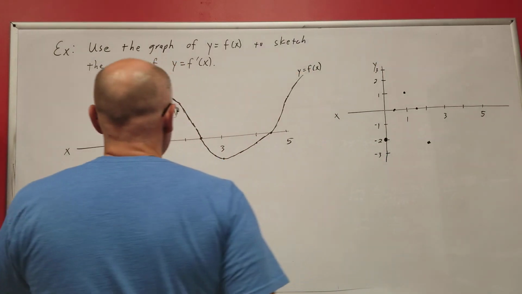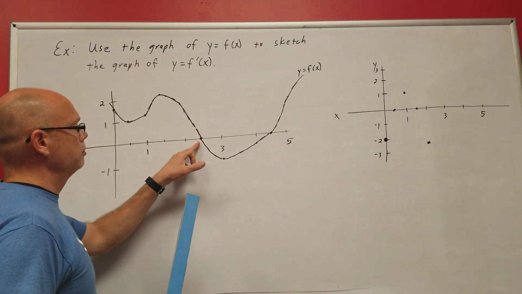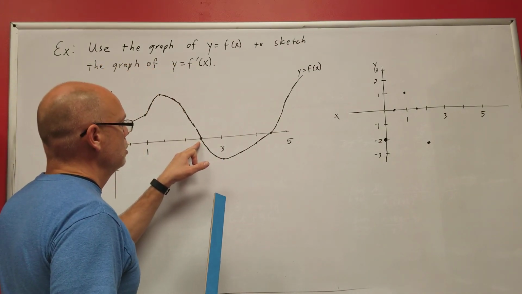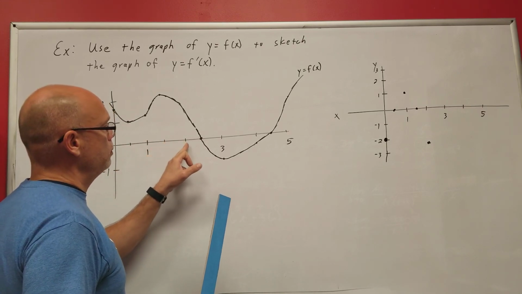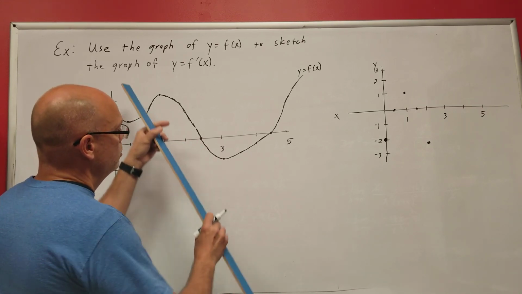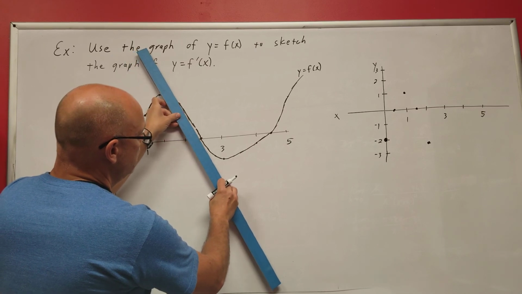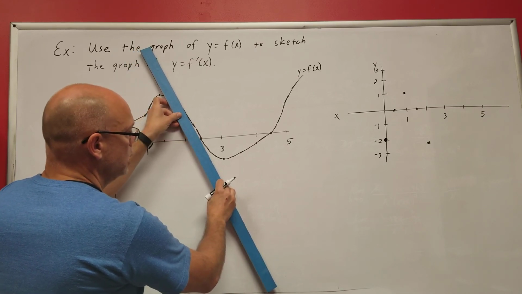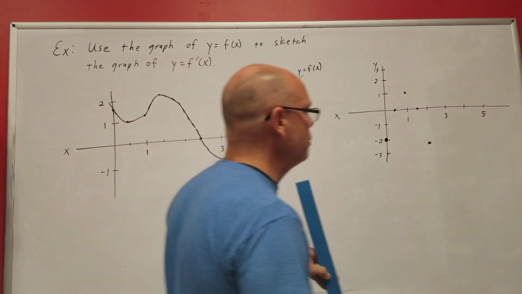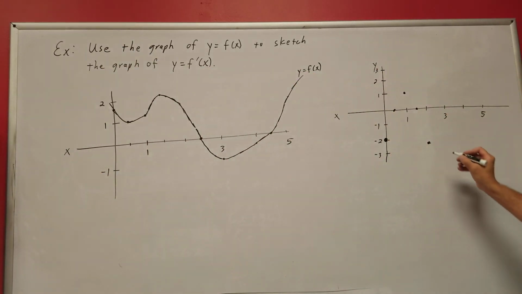Okay, what about over here? Let's see, that was 1/2, 1, 1.5, 2, 2.5, right? At 2.5, what's the slope of my tangent line? Well, it looks even steeper, huh? Maybe -3. So at 2.5, I'm at -3.